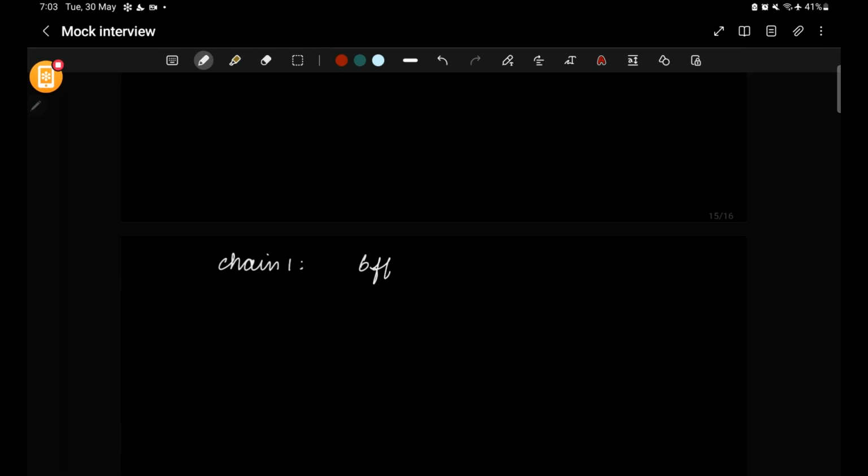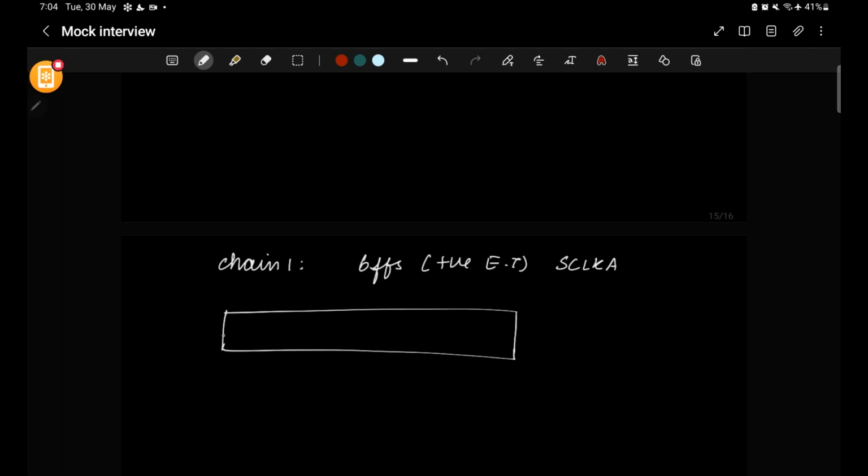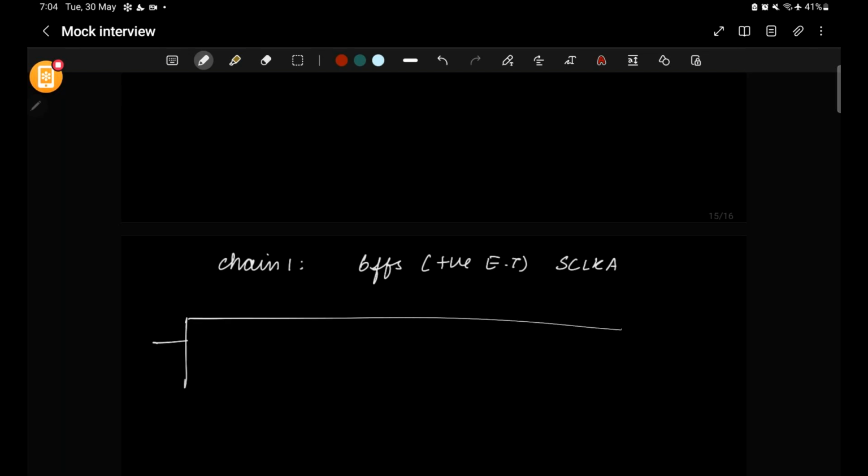We are having 6 flops, the positive edge triggered flops of scan clock A. I'll just draw it here. This is what is there in chain one. One, two, three, 4, 5, 6.